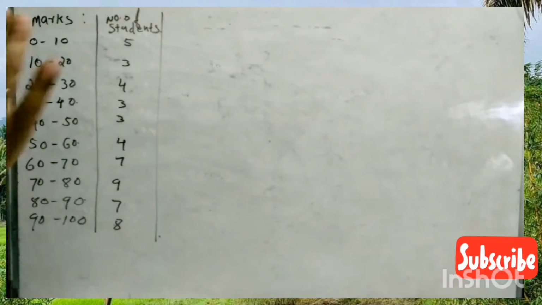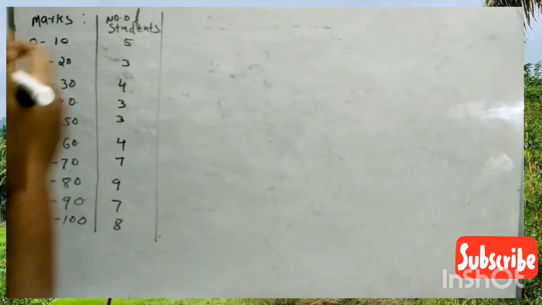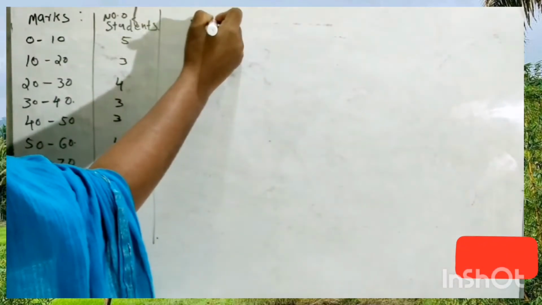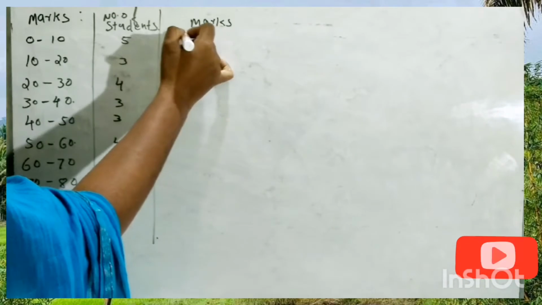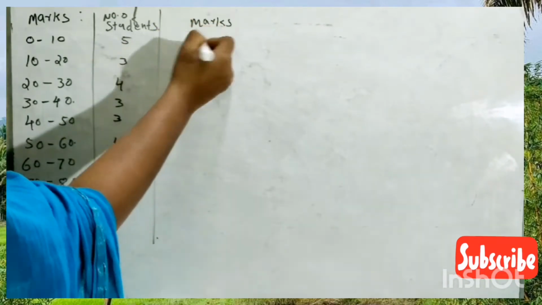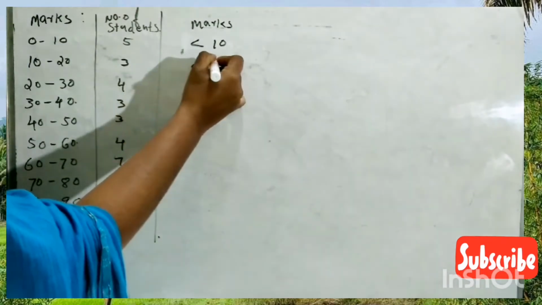So in our less than table, marks, we will write like less than 10, less than 20.